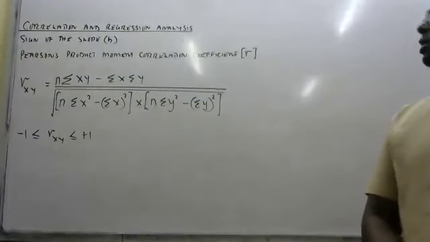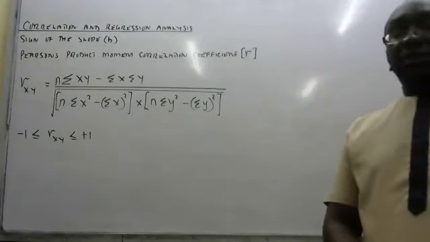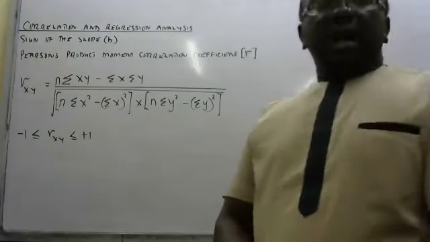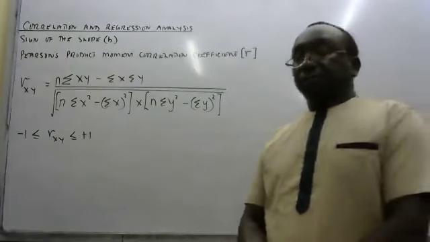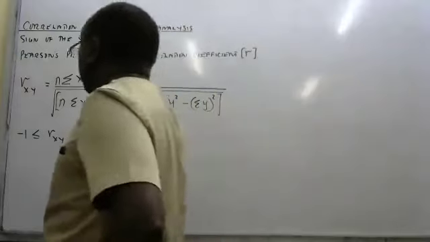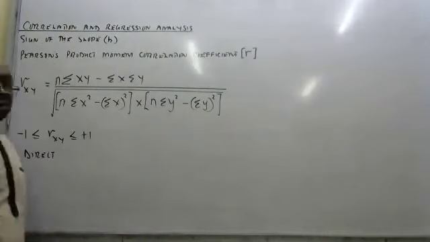Then you write that there are three types of relationships. One, direct relationship.